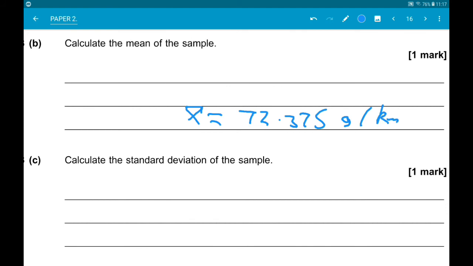And part C wants the standard deviation. Again, the calculator can do that. So sigma is 28.7.